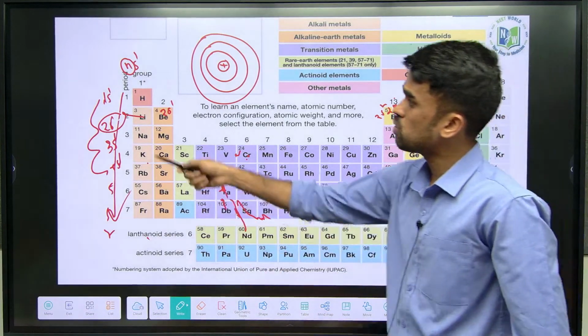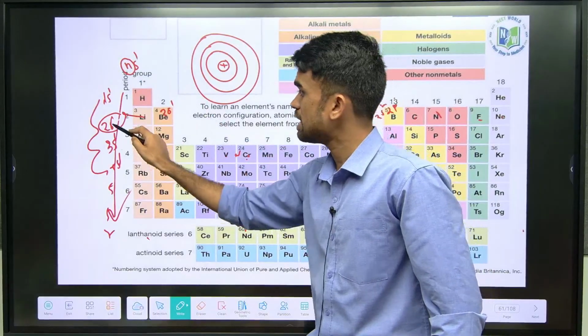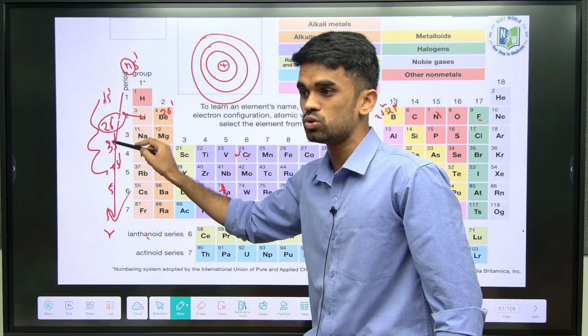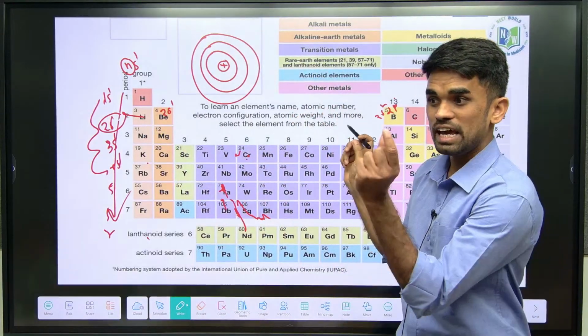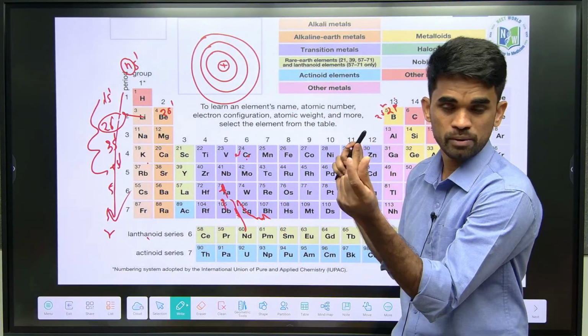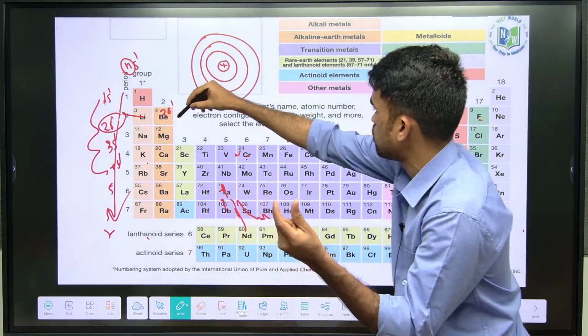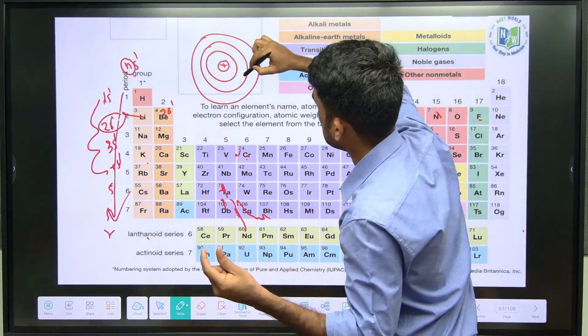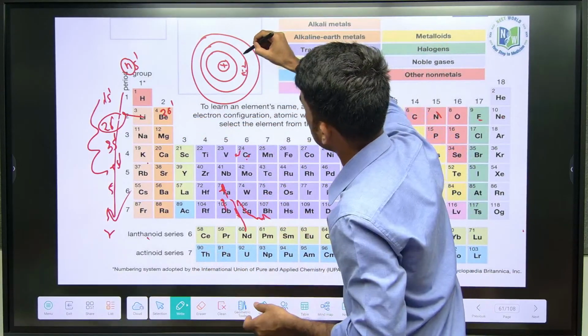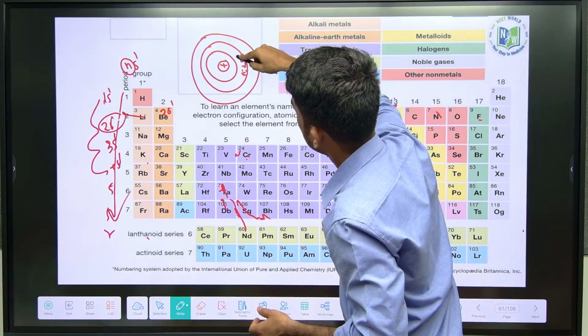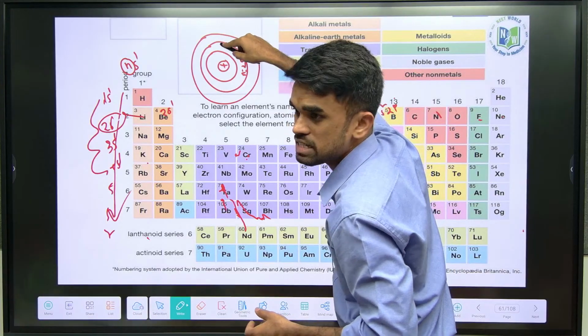See, if we go from top to bottom, this n value is increasing, becoming 1, 2, 3, 4 like that. But if we go from left to right, that n value stays the same. It is n equals 2 only for the second period right now. So it means all the newly added electrons are coming into this second shell only, yes or no?